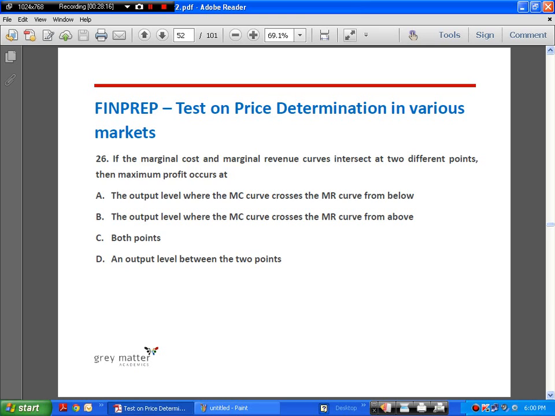But where the marginal cost cuts the marginal revenue from below is an ideal point, because before the intersection of this point, the firm would have already reaped profits, or wherever the marginal cost is cutting from below, the firm has more scope for earning profit. Therefore, the right answer is it should cut from below.